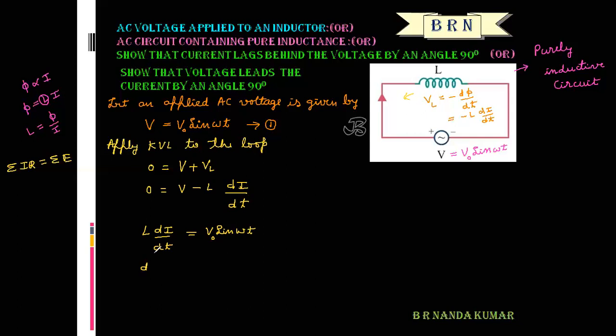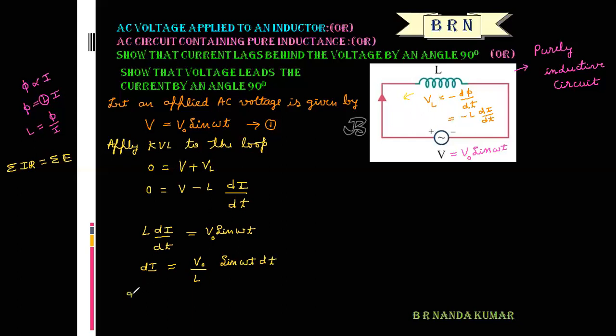So actually we have to find out the instantaneous current flowing through the inductor, that means the current at any instant of time. So di is equal to V naught divided by L into sine omega t into dt.